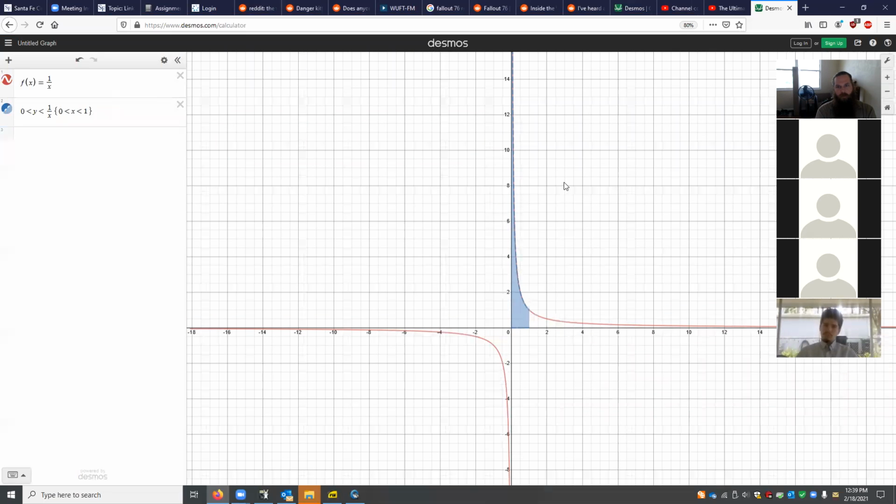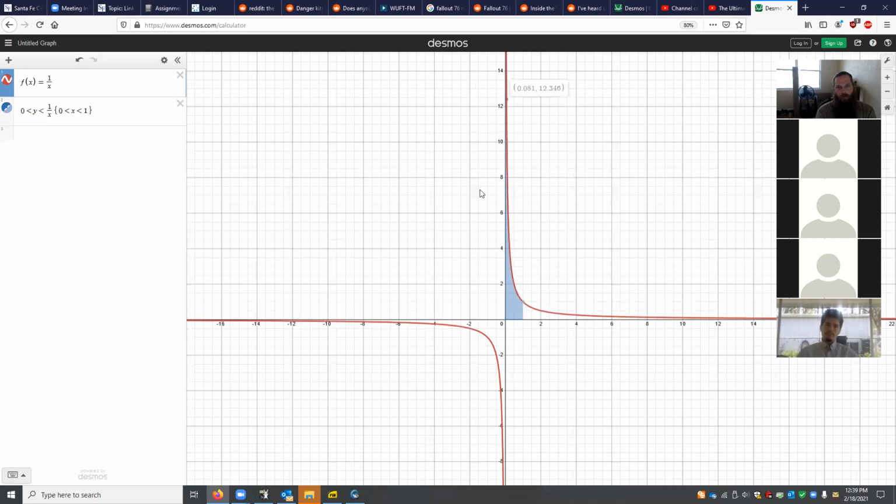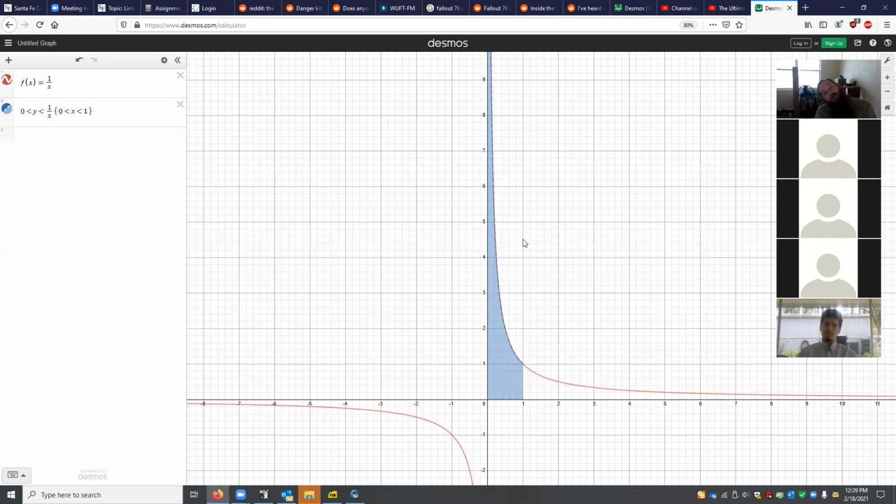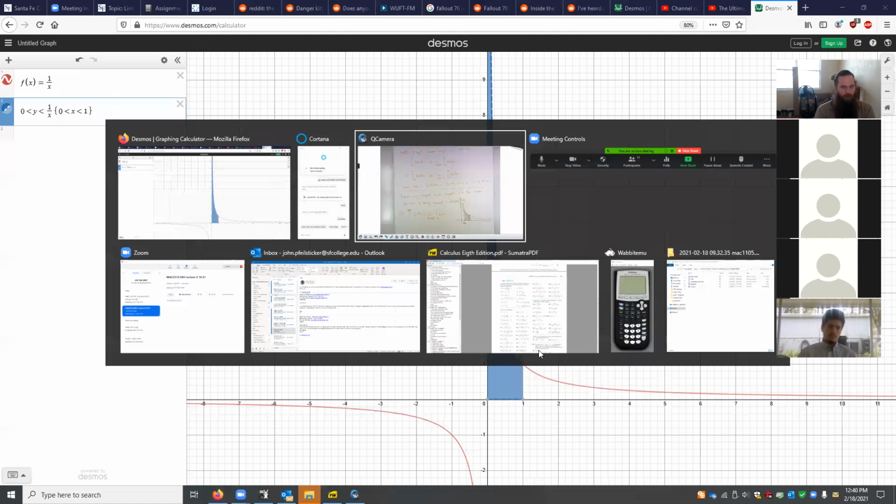And clearly this region is infinitely tall because 1 over x blows up to infinity at 0. If you turn your head sideways, it looks a lot like the type 1 integrals. The question is, is this area finite or infinite? It's really the same problem, just rotated.